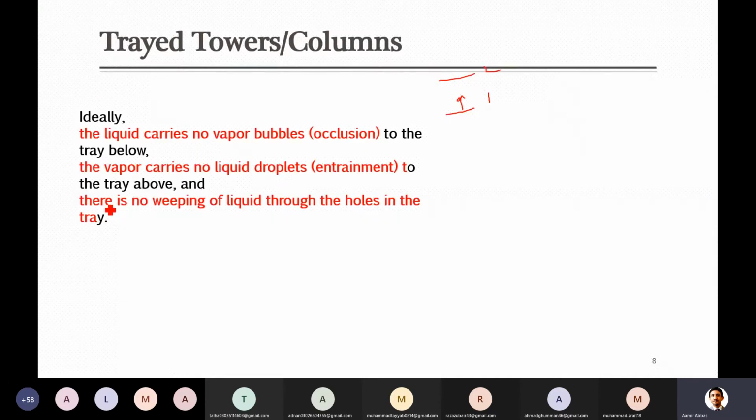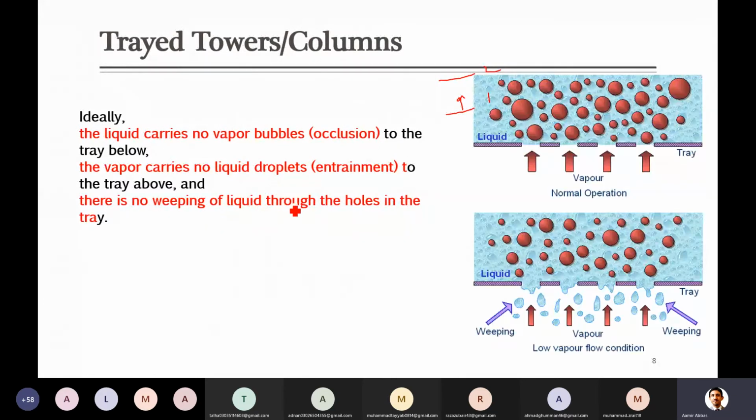The third requirement is that there should be no weeping of the liquid through the holes in the tray. Liquid should only come down through the downcomer, the path specified for the liquid. It should not flow down through the holes, as one of the students just mentioned, asking what weeping is.